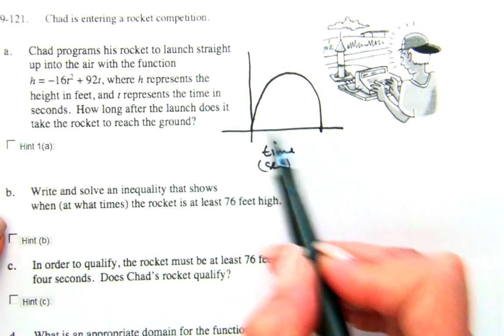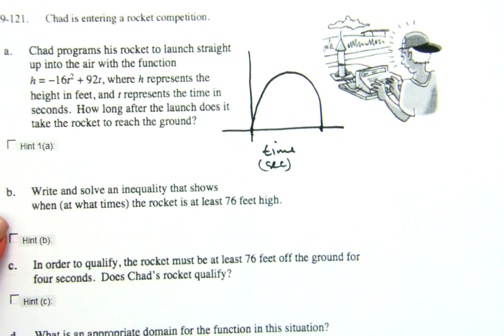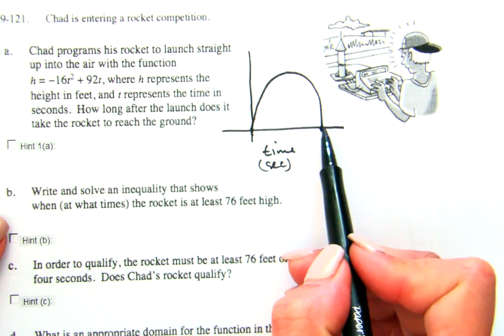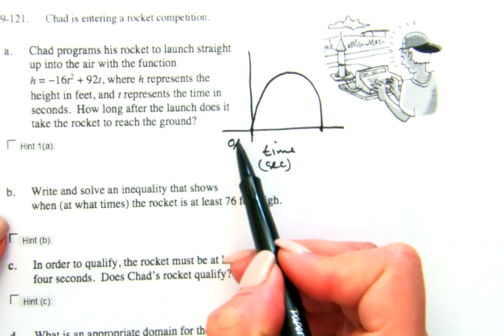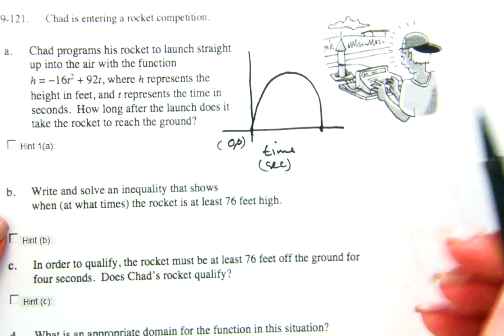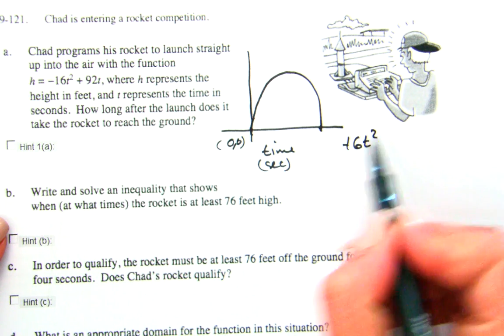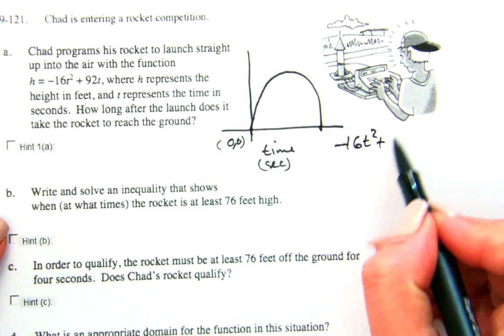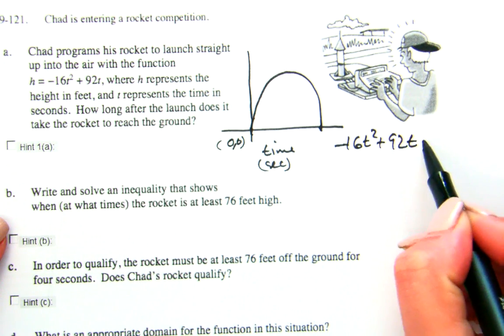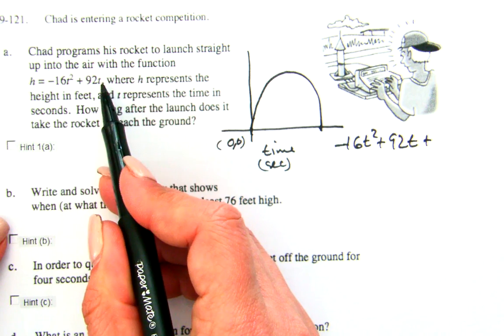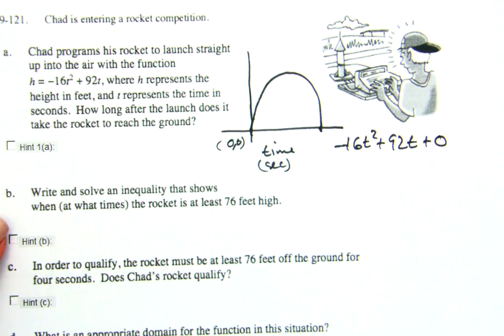All right, so what is the value of x? Or in this case, what's the other x-intercept? One of them is at 0, 0. But what's the other one? The fastest way to do this, since it's -16t² + 92t plus, well, we don't have a plus anything, so technically it's plus 0.